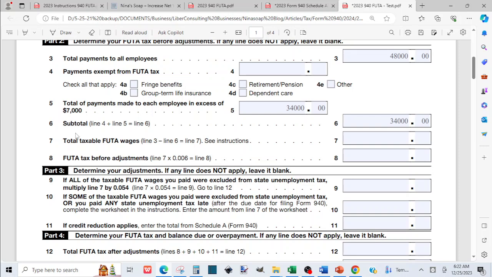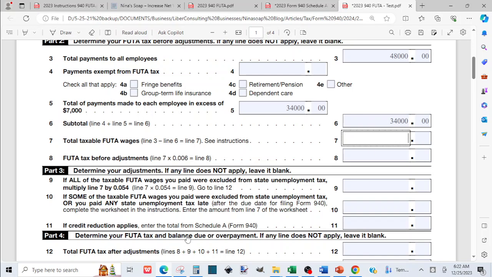So Form 940, line 7, total taxable FUTA wages. It's going to be line 3, the total amount you pay during the year in wages, minus line 6. It's going to be the taxable FUTA wages.